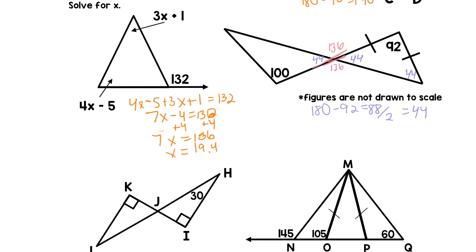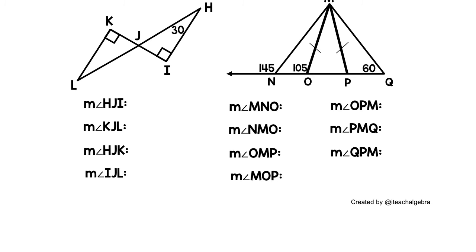To find this last angle, we need to take 180 minus 44 minus 100, and get 36. Okay. We're just solving triangles as we go here.